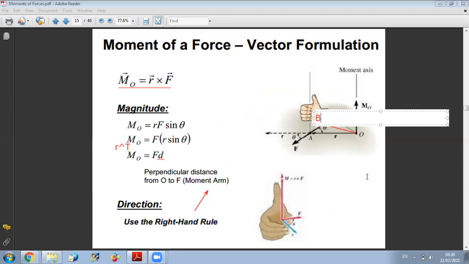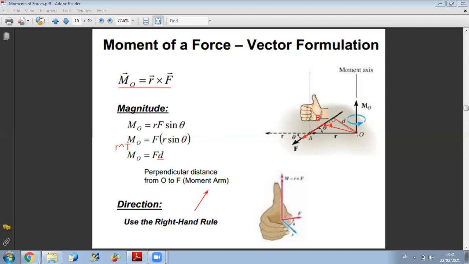If I do OB vectorial F, why will I obtain the same result? Because what will change here is the angle theta. It's now another angle, and R will also change. But will R sine theta change? Wherever my point is, R sine theta will always give me what? Will give me always D. Okay?